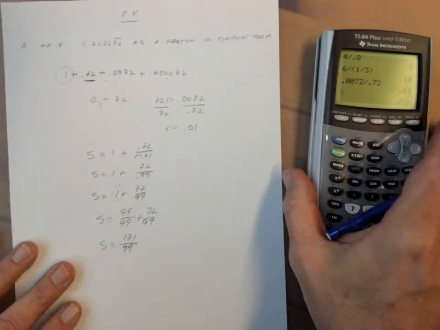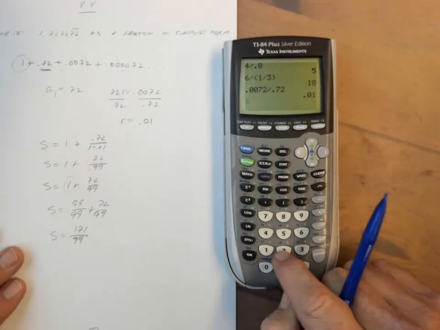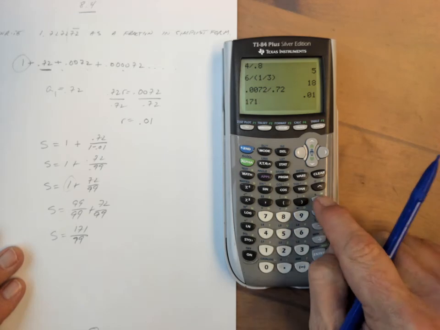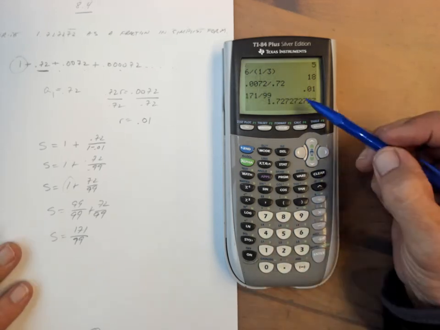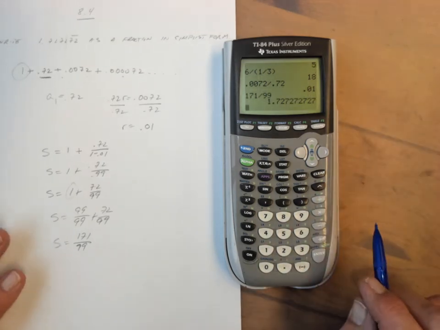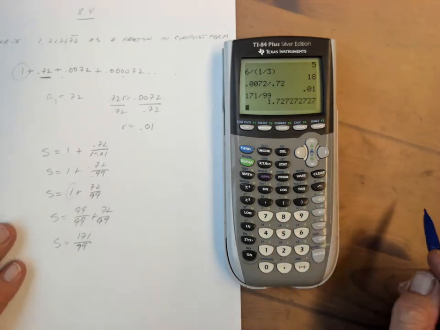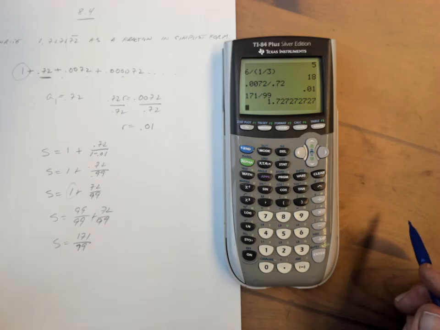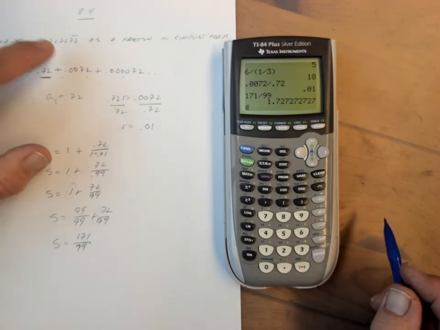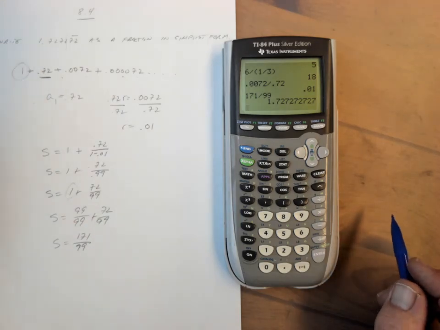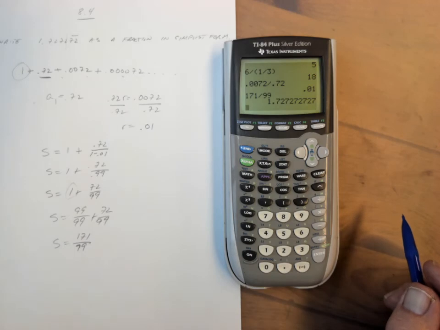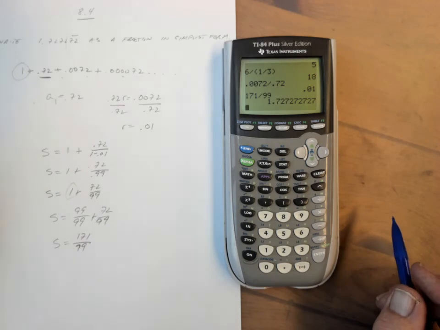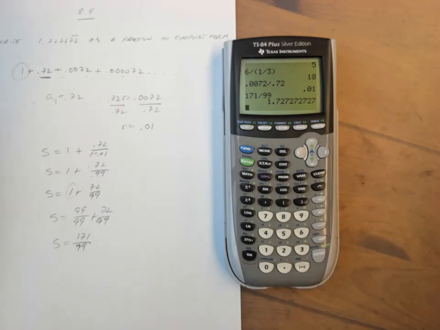And so if I go back to my graphing calculator, just to confirm, 171 divided by 99, there's the 1.7272 repeating that we started with. So again, a number with a repeating decimal can be written as an improper or proper fraction, and we can use our infinite geometric series to do that. Hope that helps, and we'll see you soon.